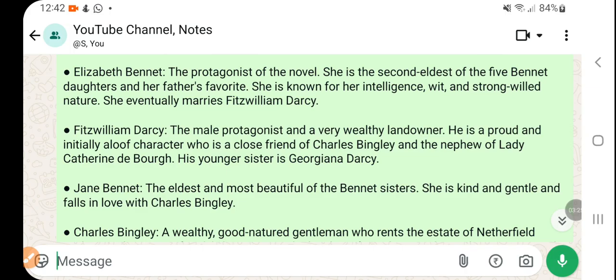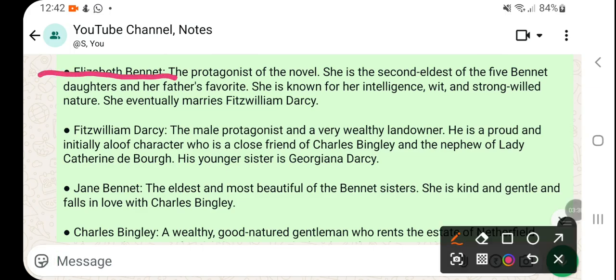Now we'll discuss the main characters. So Elizabeth Bennet, she is the female protagonist, right? The protagonist of the novel, she is the second eldest of the 5 Bennet daughters, and her father's favorite.